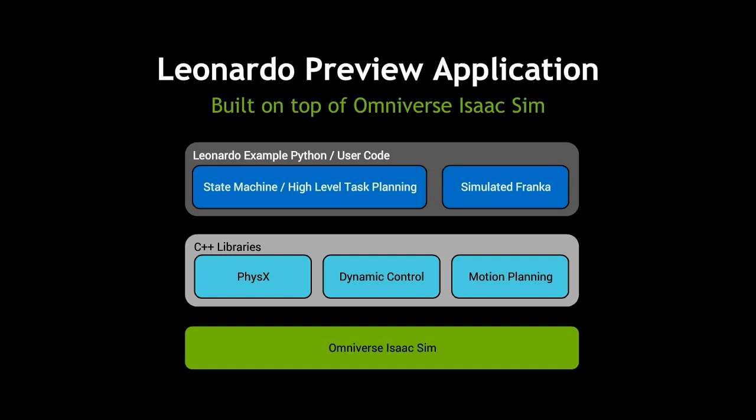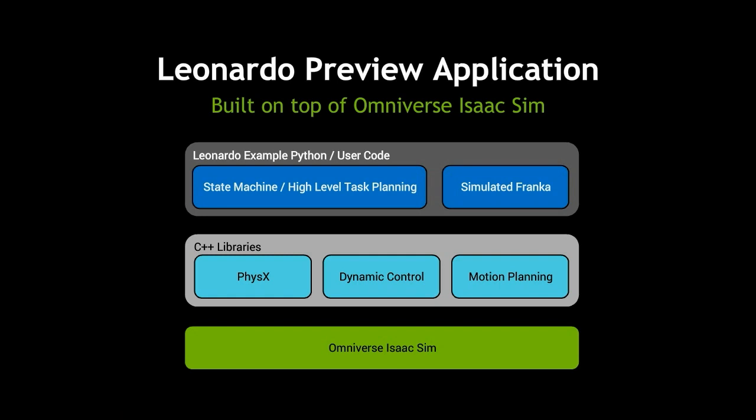We have dynamic control and motion planning, which I'll go into next. And on top of these C++ libraries, we expose Python APIs for everything, such that you can build higher level applications. On top of this, we would build our simulated Franka, which is supposed to replicate what you'd have in the real world, as well as creating the state machine and high-level task planning.